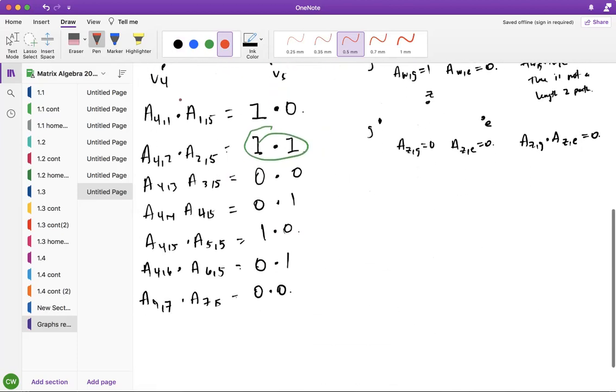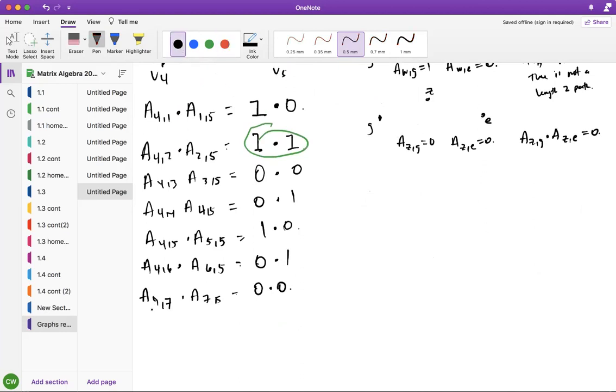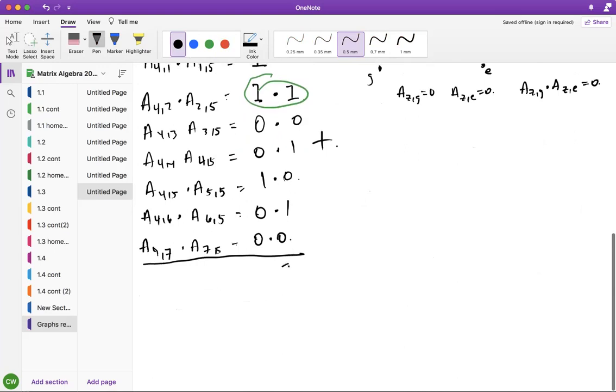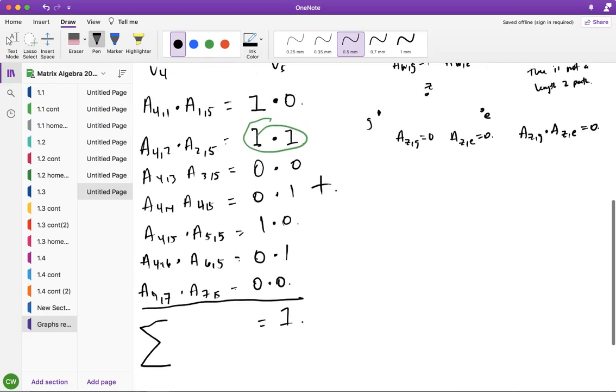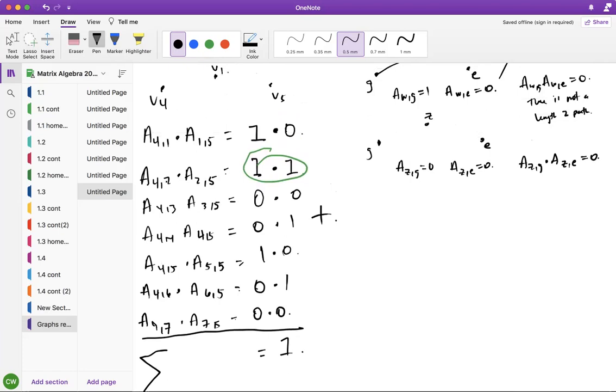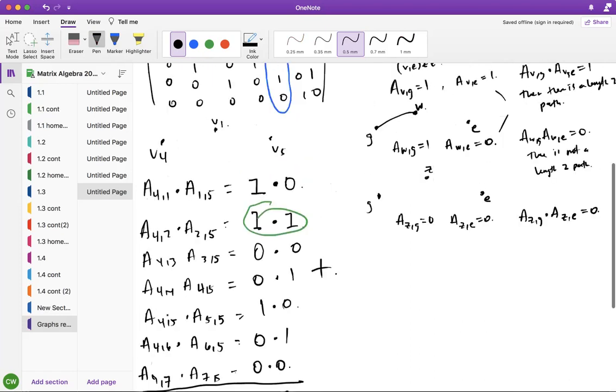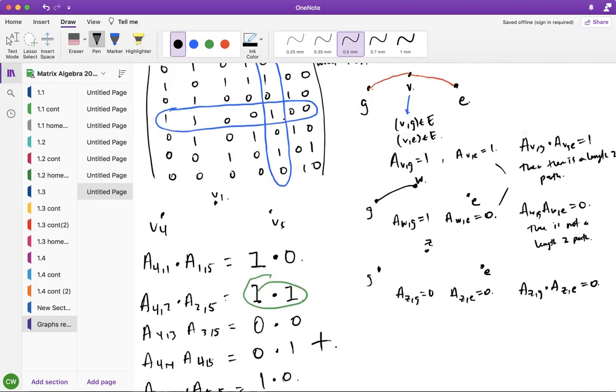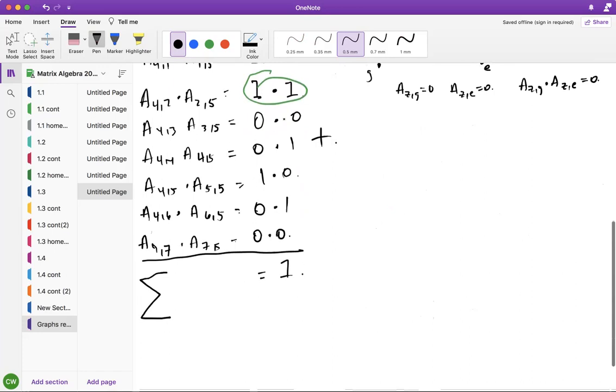However, if you look kind of closely, if you sum up all these entries, you'll get the number of length two paths. So on the right-hand side, it's 1. Now on the left-hand side, we can actually express this as a sum. Notice that on the first entry, I'm looking at the 4th row. That's why I circled this row in that column.